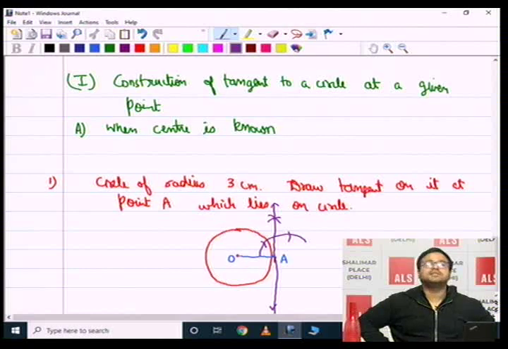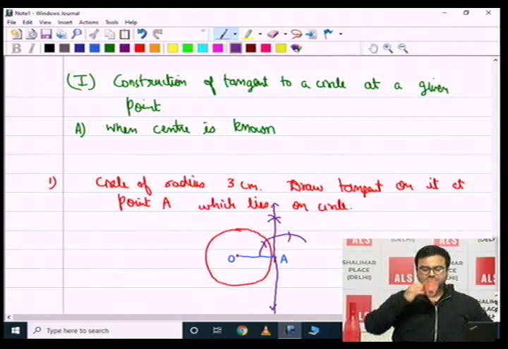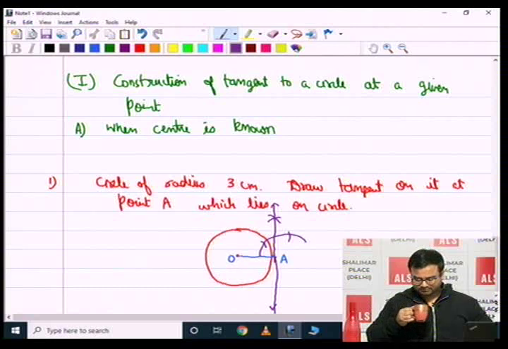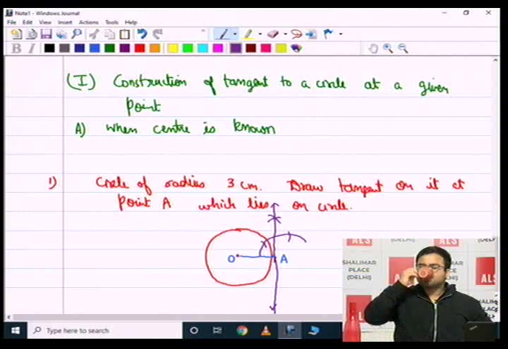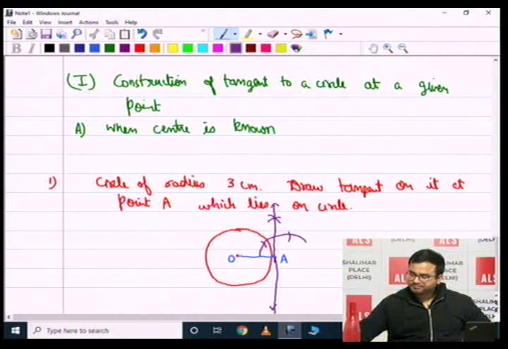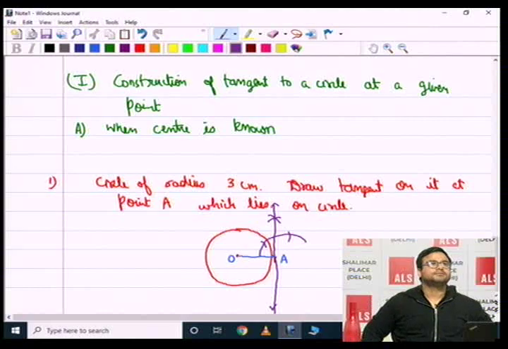So have you drawn this case? Have you drawn this tangent? Okay, draw it.